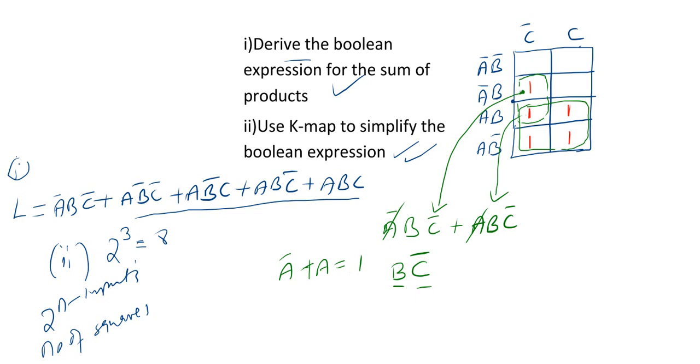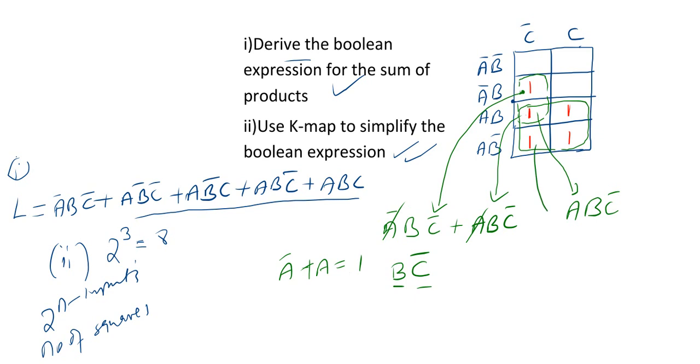Then when we consider the other loop with 4 ones, it will be having A, B, not C. This is this.